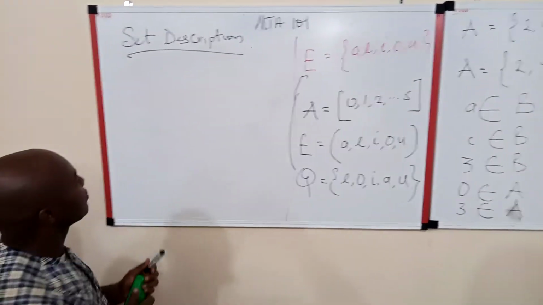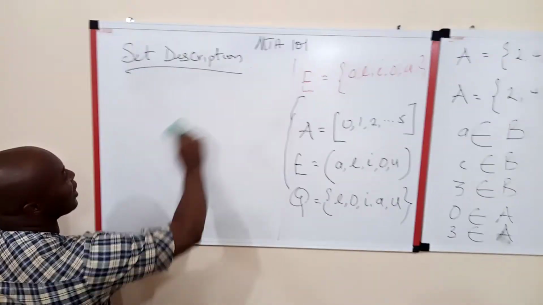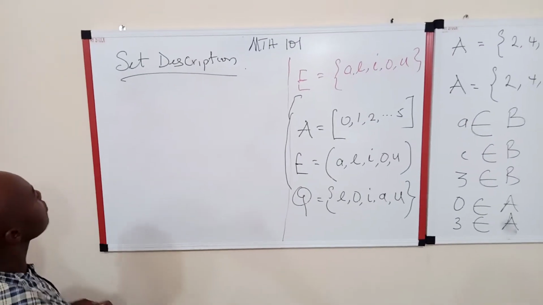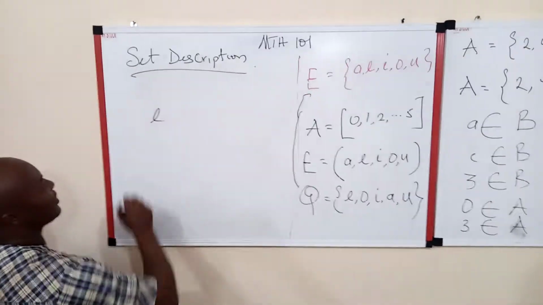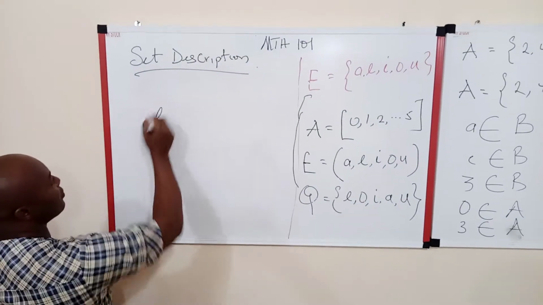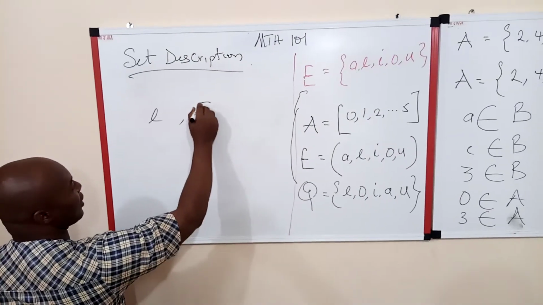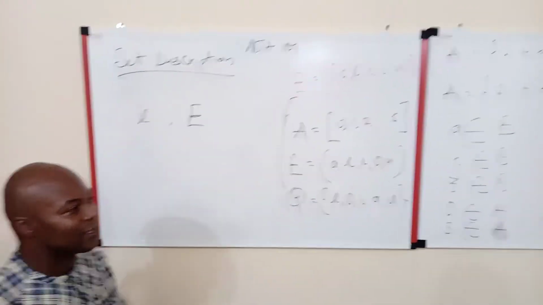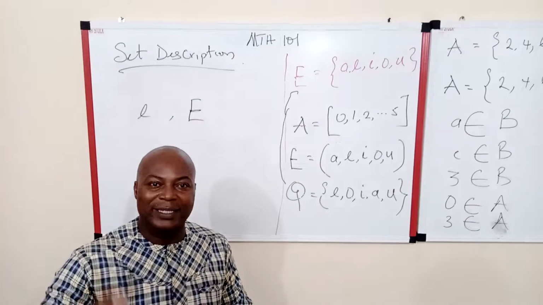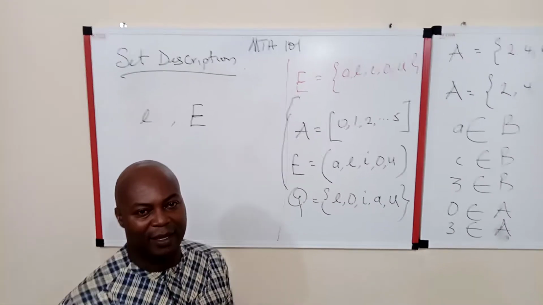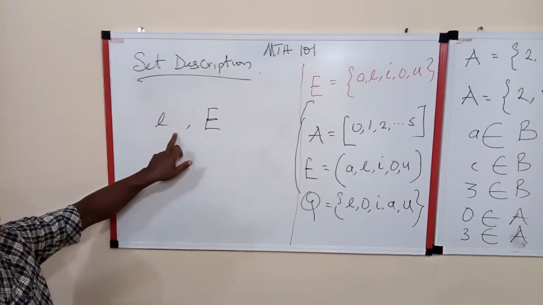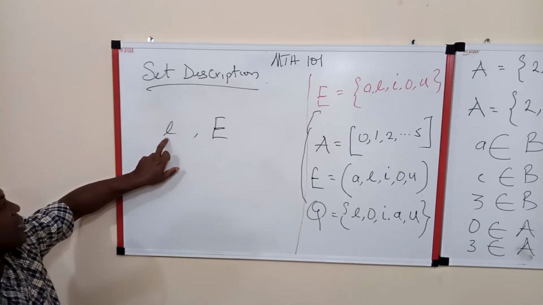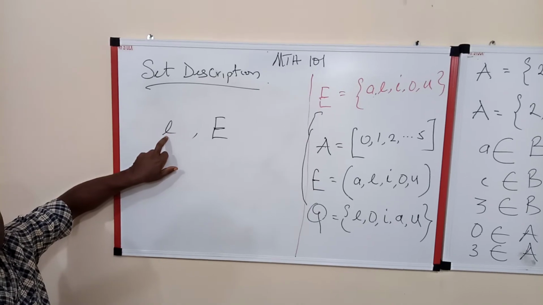How do I mean? Let's go to the English alphabet for illustration. Let's consider the term e and another one, E. Note that we said sets must be well defined. They must not be vague. Now, this one is e, though it's lowercase.